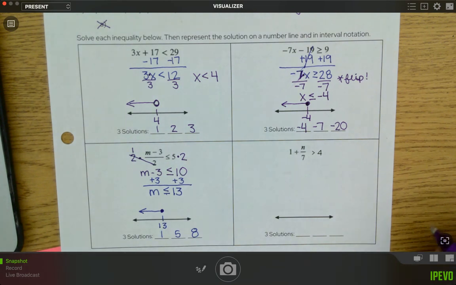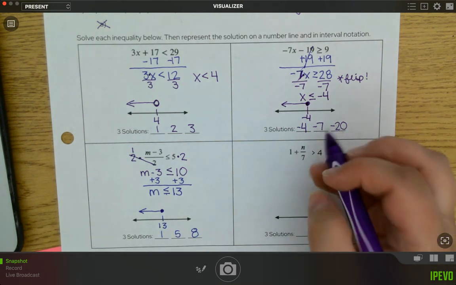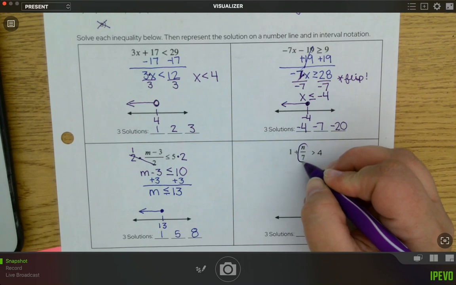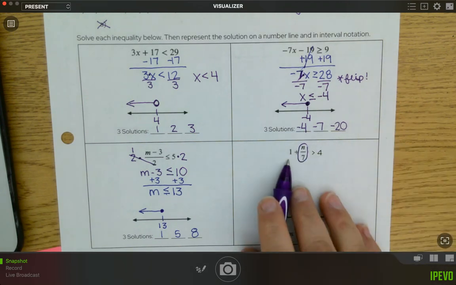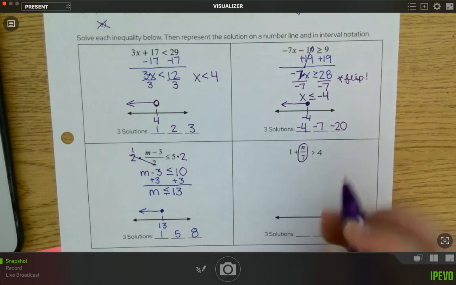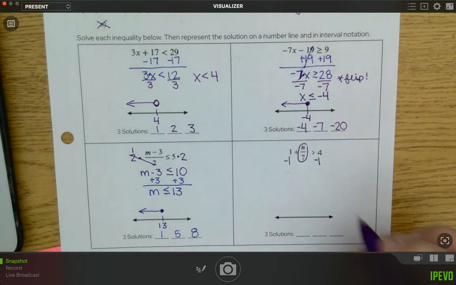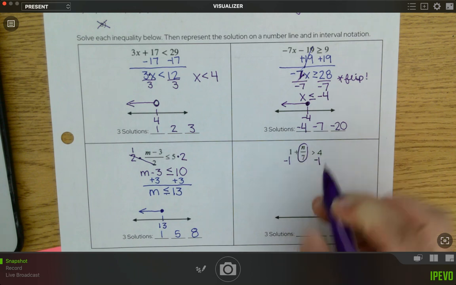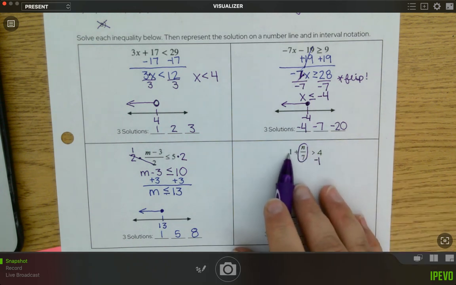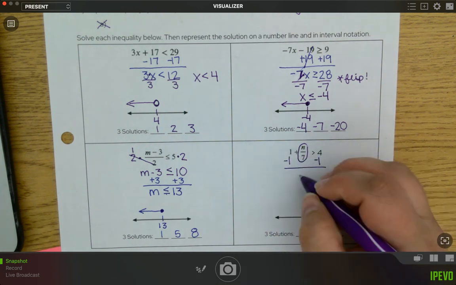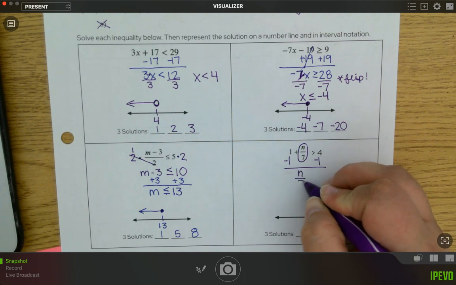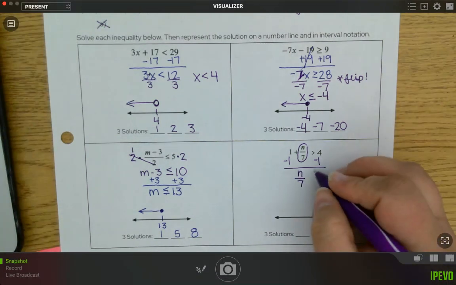And our very last example, we want to get this part all by itself first, so we have to get rid of the 1. It's a positive 1, so you're going to subtract it from the other side. Not because this is a plus, but because this is a positive 1. We get n over 7, because we didn't get rid of the 7 yet.